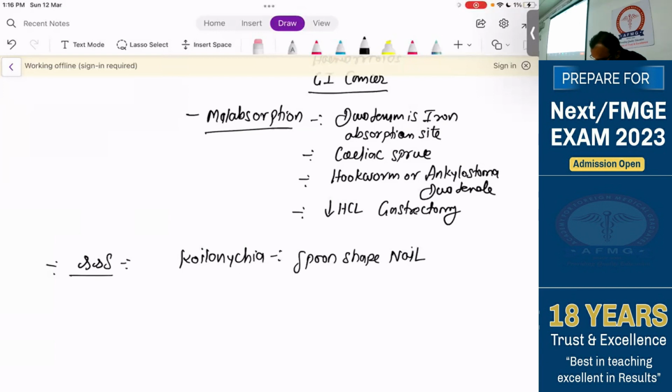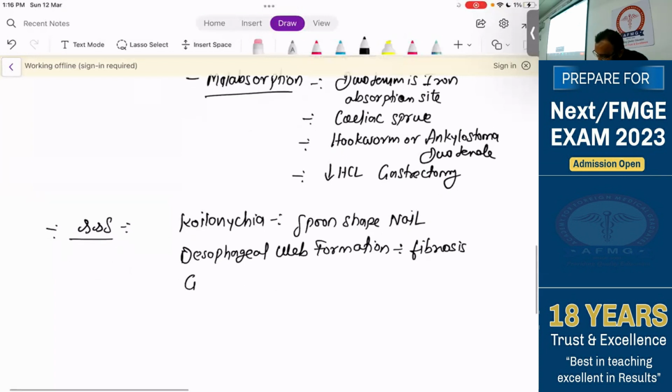Then comes esophageal web formation, that is the fibrosis of the esophageal wall, and angular glossitis or cheilitis.